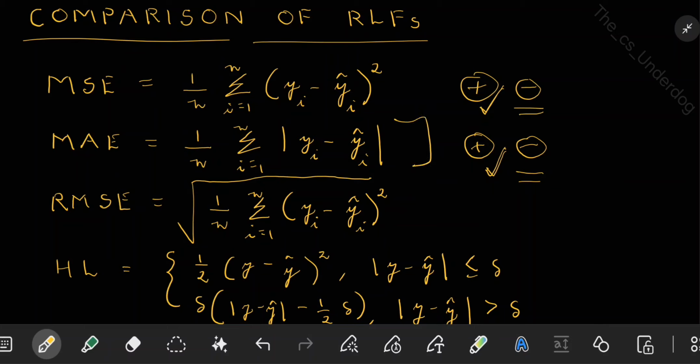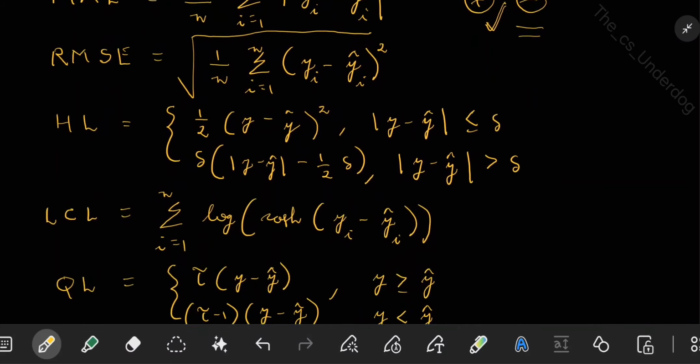There is no more squaring now. This would mean two things. One is you are not going to magnify errors, and the second thing is you are going to have the final error in the same scale as the actual error value. Previously you were magnifying the error. This time the loss function will keep errors in the actual scale itself.